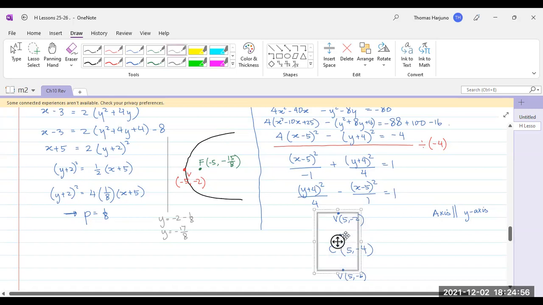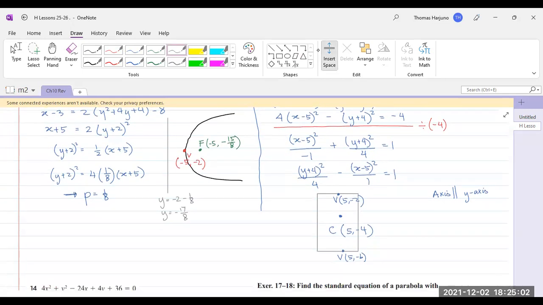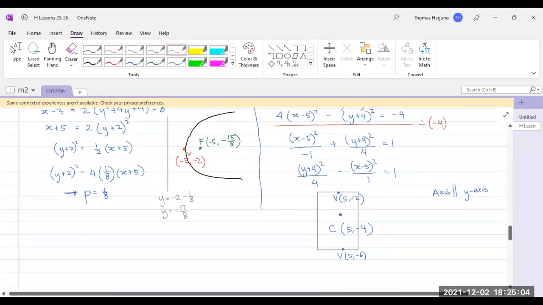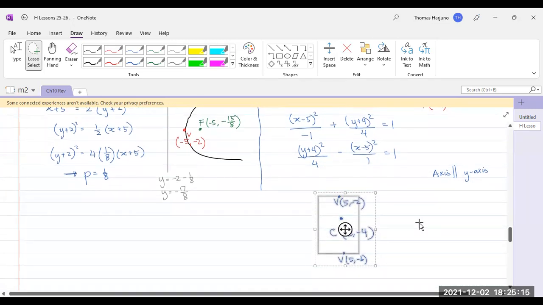Okay, I need more space, so let me do this. The center should be somewhere around here.